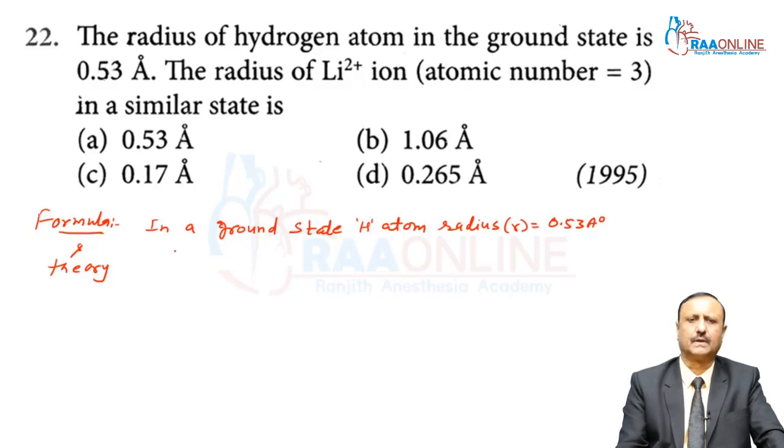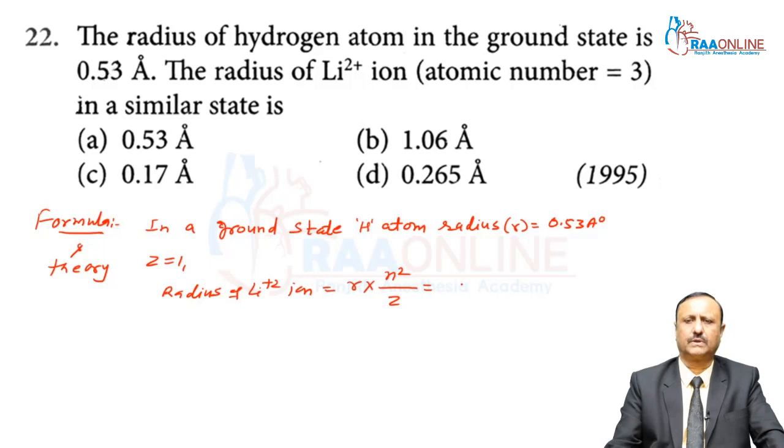angstrom. Here, my dear students, Z is equal to 1 for hydrogen atom. So the radius of Li plus 2 ion, like hydrogen ion, equals radius of first orbit into n square, number of shell, upon atomic number. You can put the values: r is here 0.53 into n.